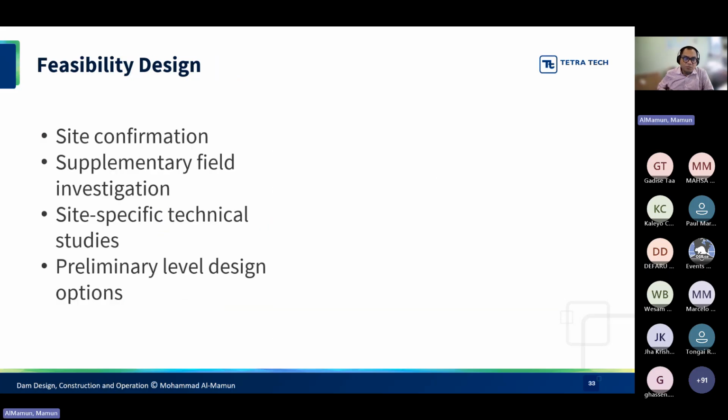So now moving on to the feasibility level design. Now we start to look into the site because we have to confirm the site at this stage. We really need to pinpoint which area is most suitable for locating the dam. At this stage, we definitely need to go to the site and do some investigation, budget and permitting permitting, but we definitely need to collect some site-specific information to do site-specific studies and to develop the preliminary level design.